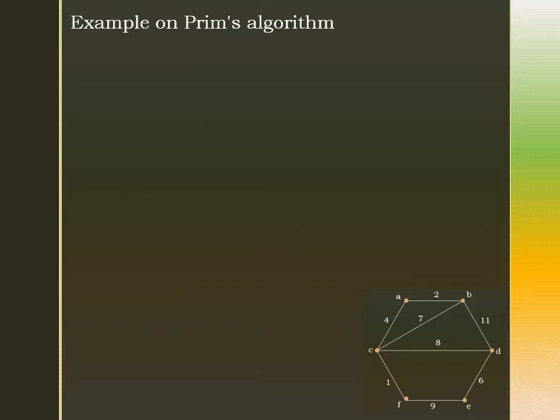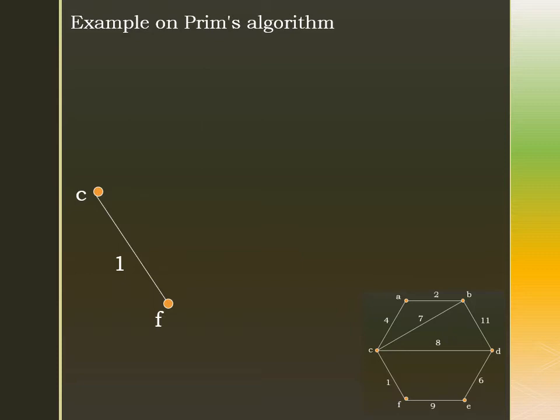According to Prim's algorithm, we can start with any node. So let us consider node F. From node F, node C and node E are adjacent, out of which node C is the nearest neighbor with edge CF having minimum weight 1. So let us include that edge CF in the spanning tree.